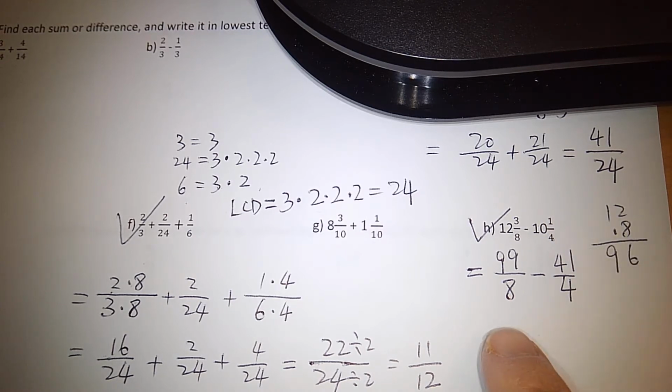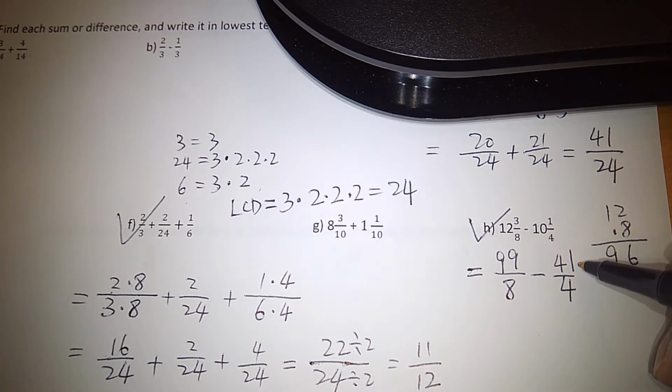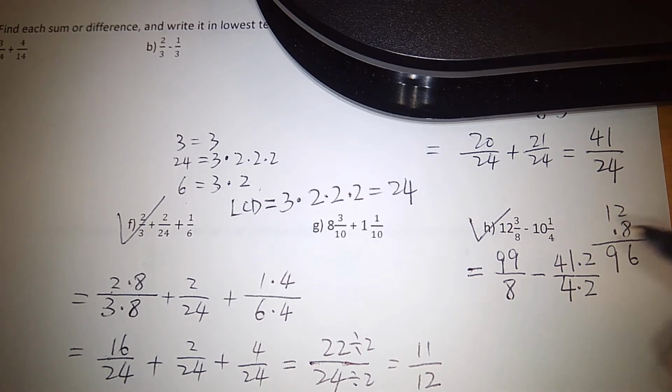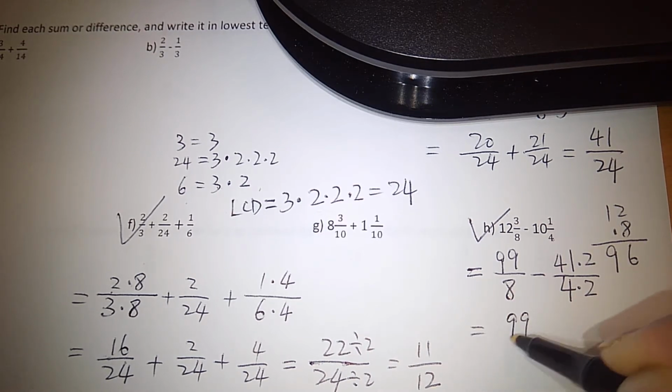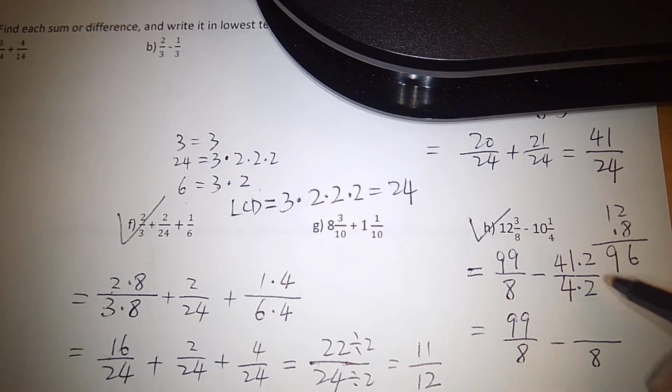Right? Can we subtract directly? No, right? We don't have the same denominator. So what will be the LCD? 8, right? Multiply by what? 2. 41 times 2, 82.